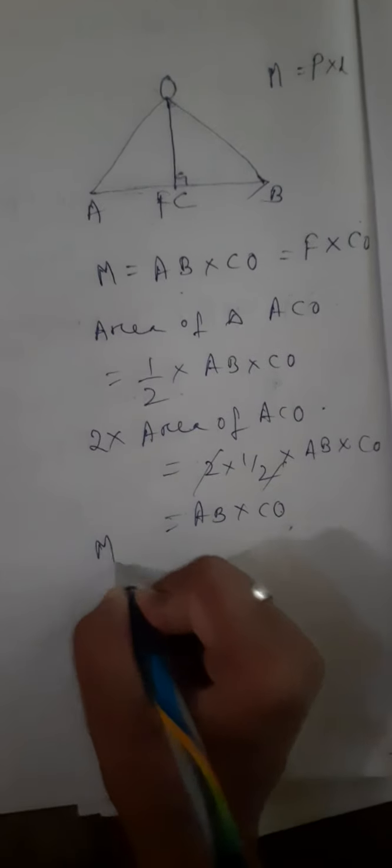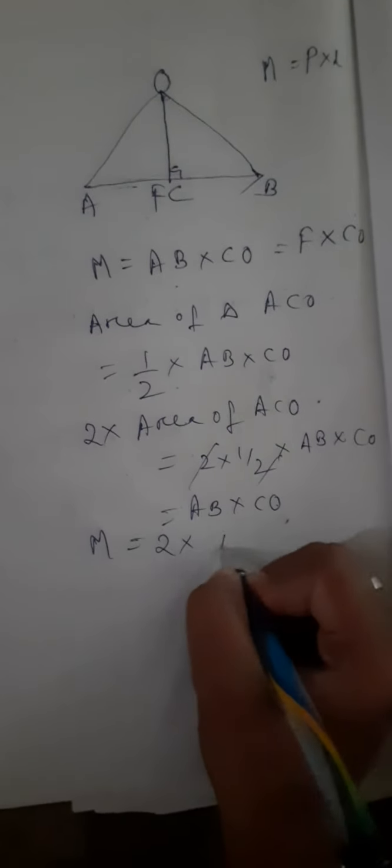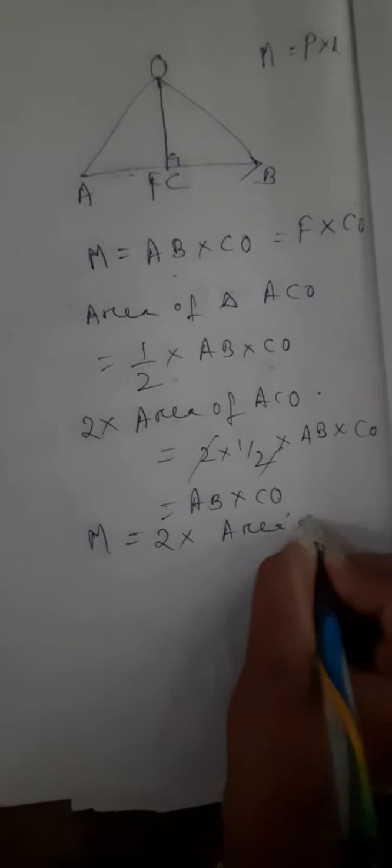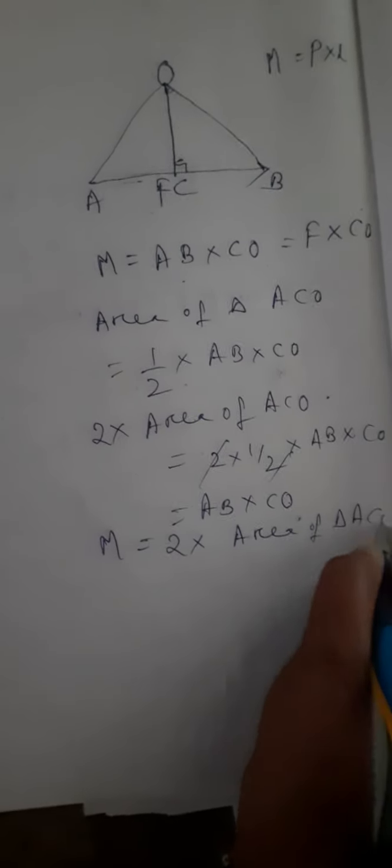So moment equals twice the area of the triangle whose base represents the line of action of the force and whose vertex represents the point about which we are calculating the moment.